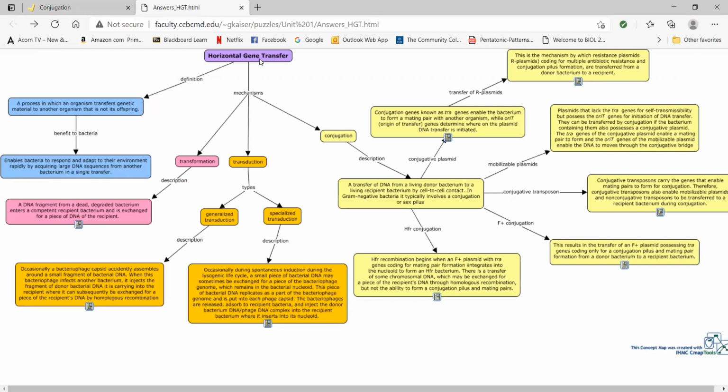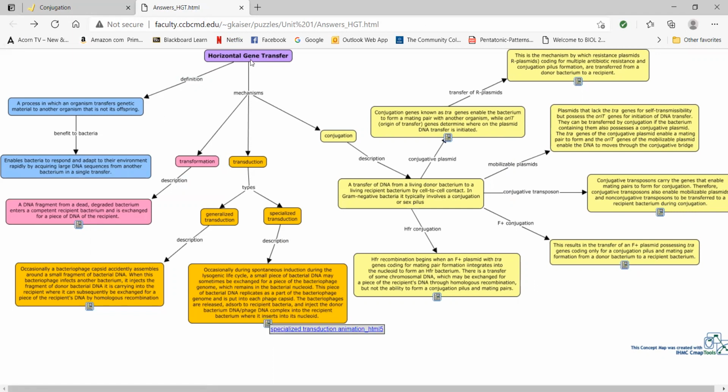Another mechanism of horizontal gene transfer, which is objective 4, was transduction, where viruses are transferring DNA from one bacterium to another. There are 2 types, generalized and specialized. So there's our description of generalized transduction that we need to recognize, and a link to the animation of generalized transduction so you can visualize that process. And here's our description of specialized transduction, along with a link to that animation.